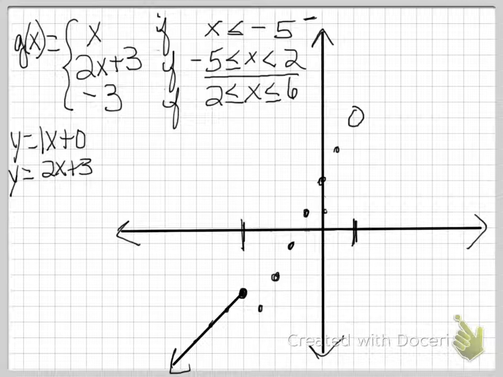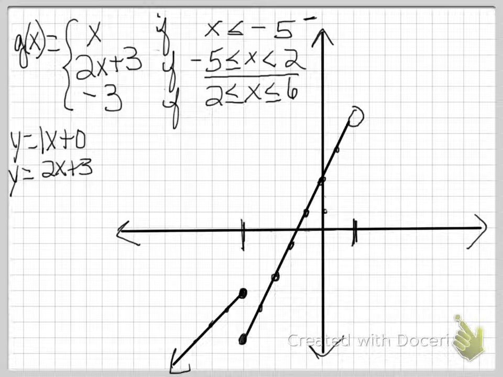And this will be a closed circle. And draw my line. My arrow will be closed circle.